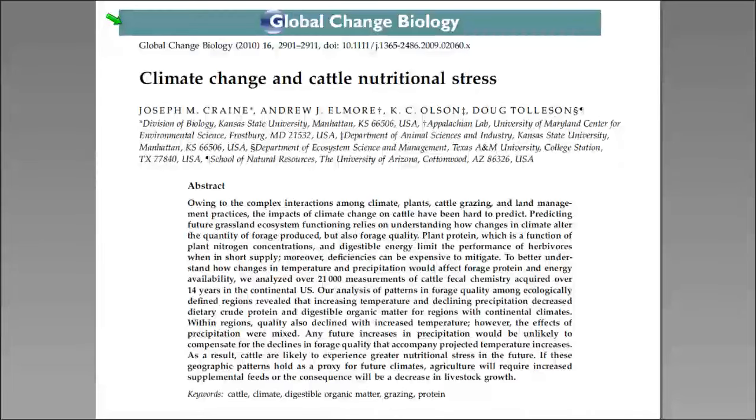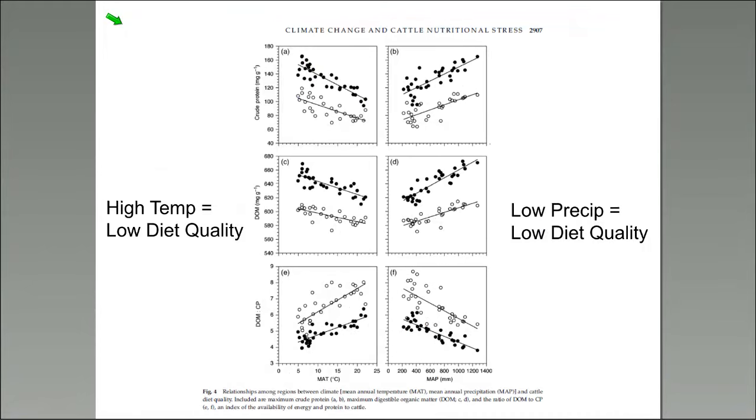We knew where they came from and what date they came from, the GPS point on the map, and did an analysis of warmer, drier climates versus moderate climates versus cooler, wetter climates. And not to anyone's surprise, we determined from this large data set that high temperature climates are going to result in generally lower diet quality, and low precipitation climates are going to also result in low diet quality.